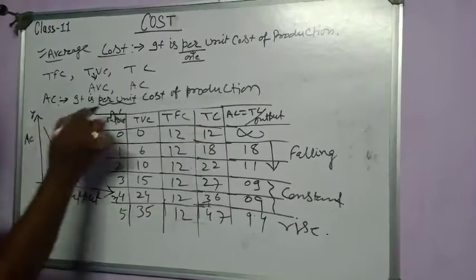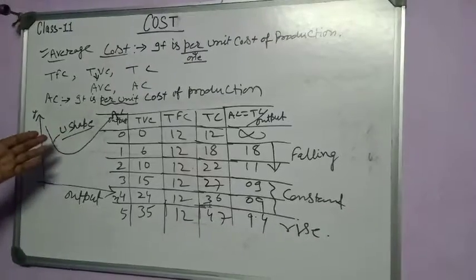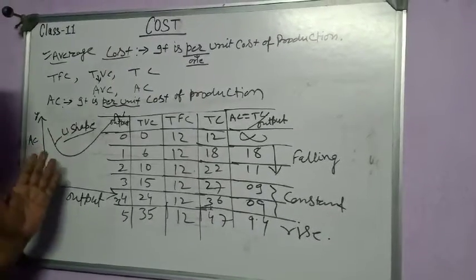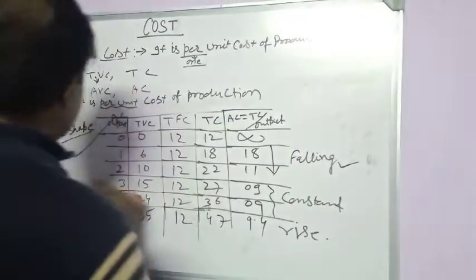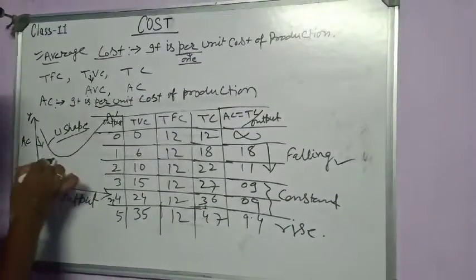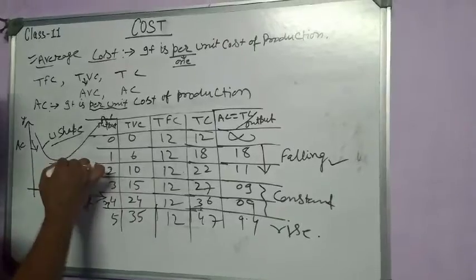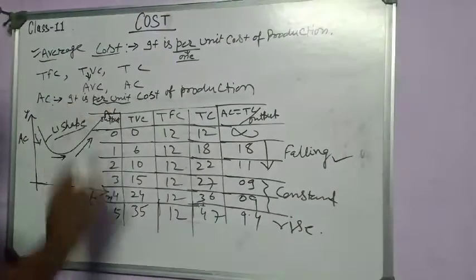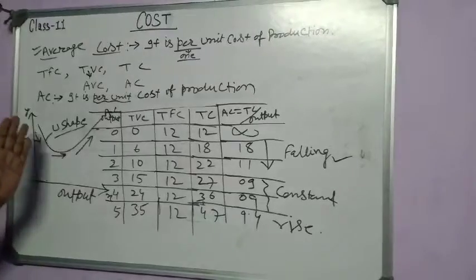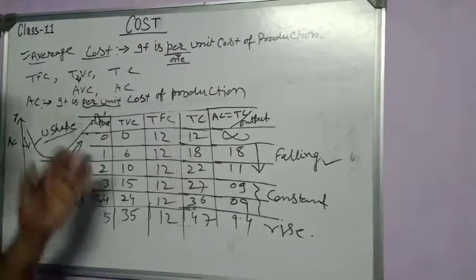What is the shape of AC? We will say it is also U-shaped, because here you are seeing initially it falls, after that it becomes constant, and again it starts to rise. So the shape of the AC will be U-shaped.